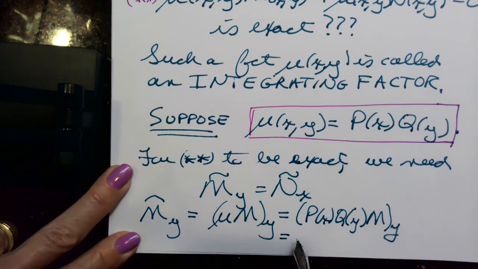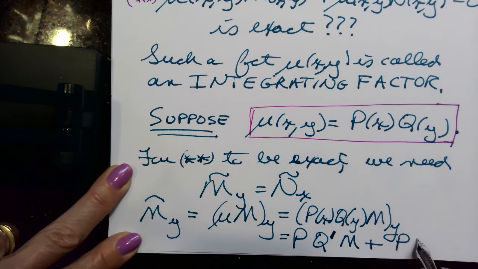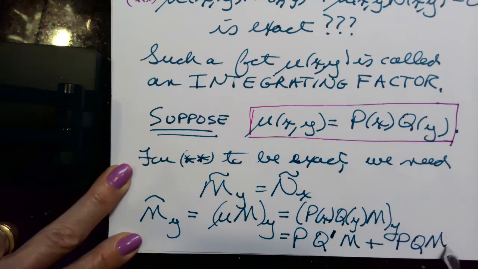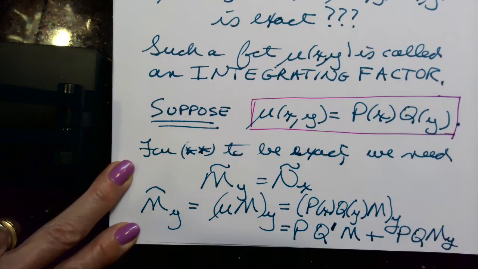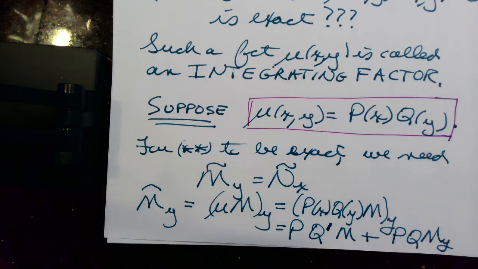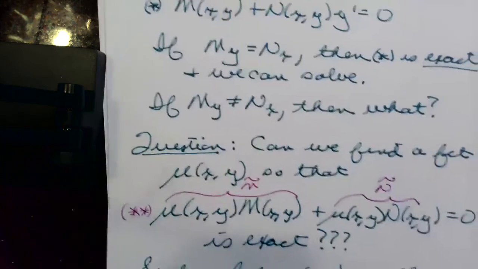So M tilde sub y would be p q prime times M plus p q M sub y. Remember, M is still a function of two variables, so you have to take a partial with respect to that, but q is a function of one variable only, so this is really just a derivative. You only need a partial derivative when a function has more than one variable. So that is M tilde sub y.